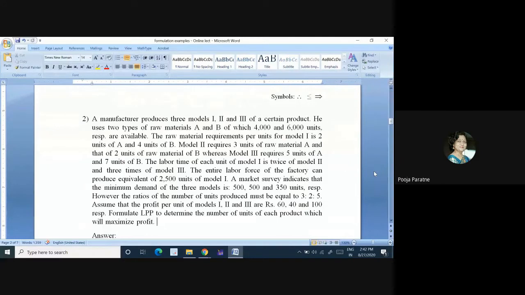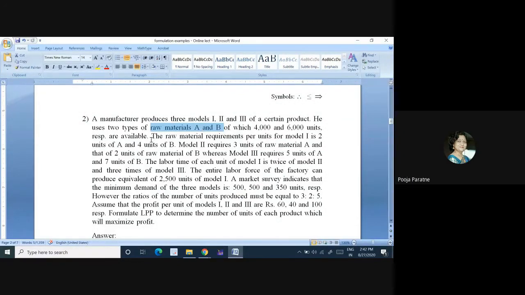So now I get some idea that they have given that the raw materials A and B are available. This can be constraints. This raw material, A and B, will form my constraints. If the raw materials are A and B, then obviously for these models I have to define the variables.